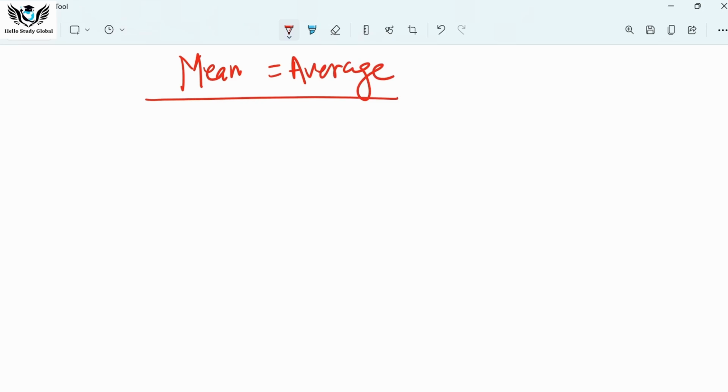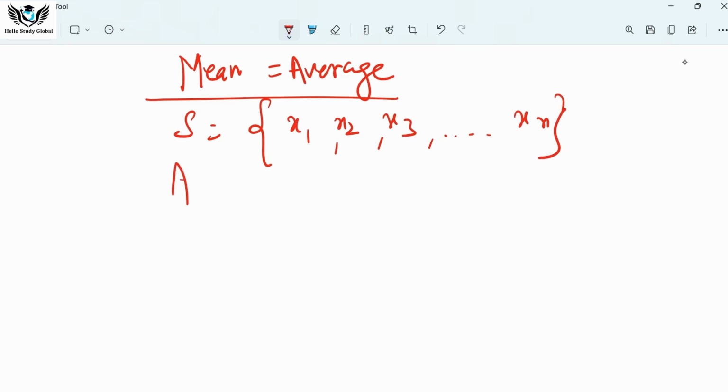And how do we calculate average? Simple. Let's say a set is given, you have these quantities x1, x2, x3, up to xn, n quantities are there, and the average is equal to the sum of quantities upon the total number of quantities.